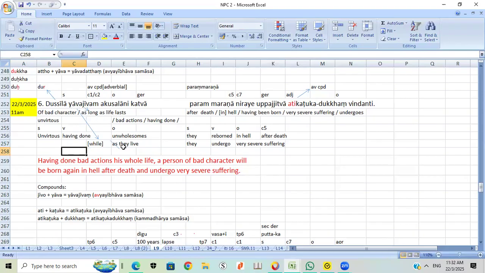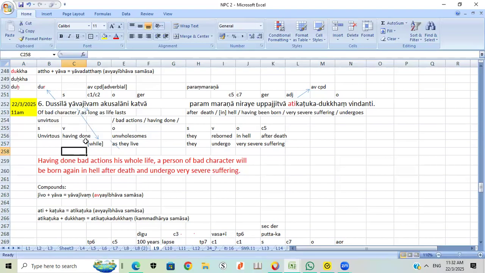But here Yava is as long as, and then jivam is life lasts. So you can see as long as the life lasts, in this particular case, means as long as they live lah, as long as they live. So we change from a noun to a verb, while they live or as long as they live, something like that lah.